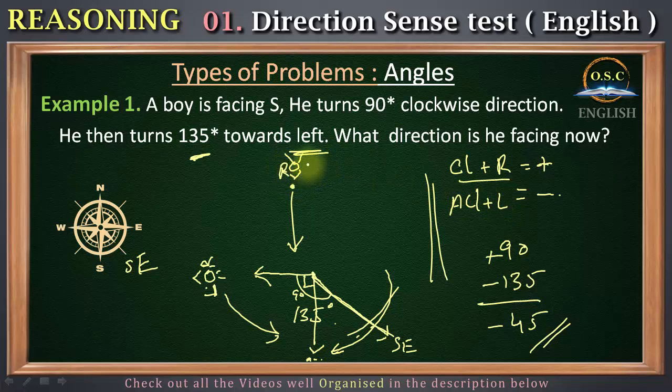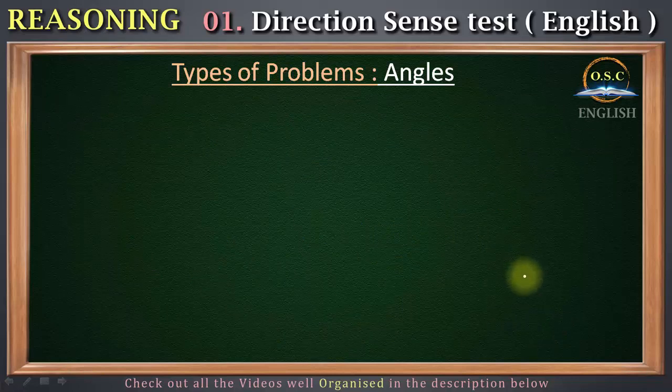So this is his right hand, this is his left hand. So towards left or anti-clockwise direction, we will have to go 45 degrees. So this will be his 45 degree minus, that will be southeast direction. This is how you need to solve over here. So that's about question number 1.